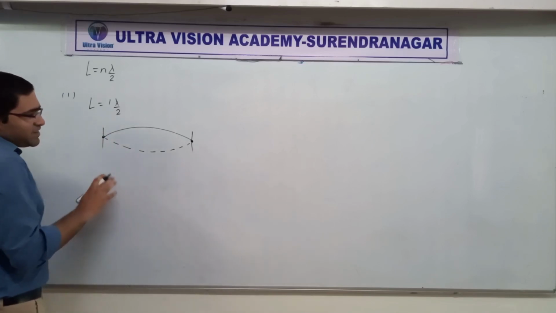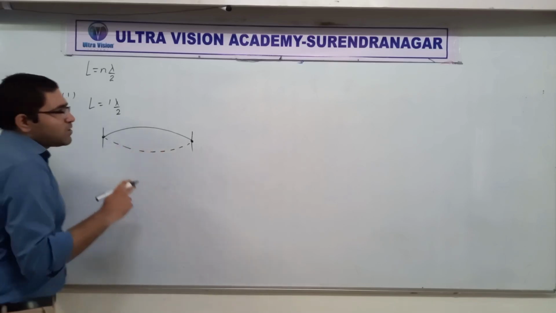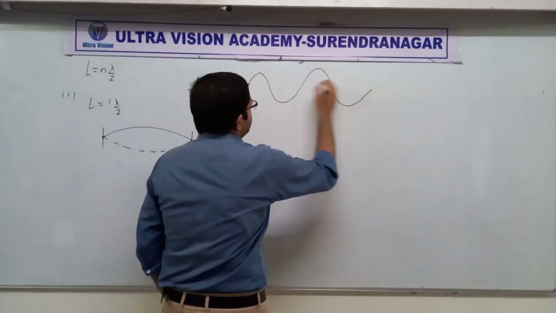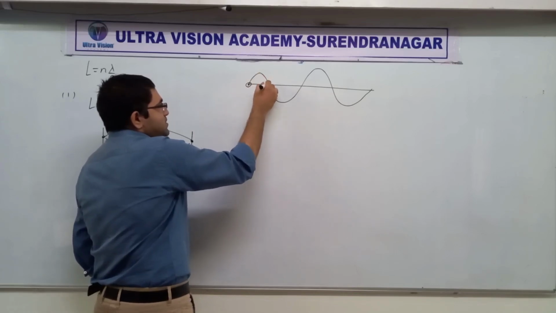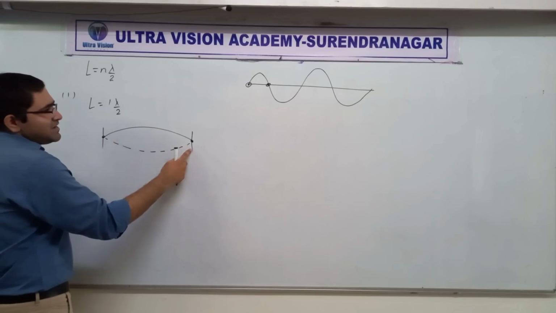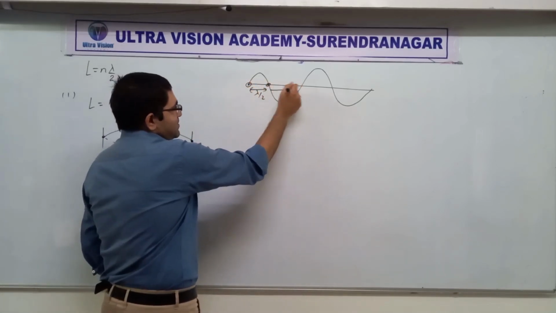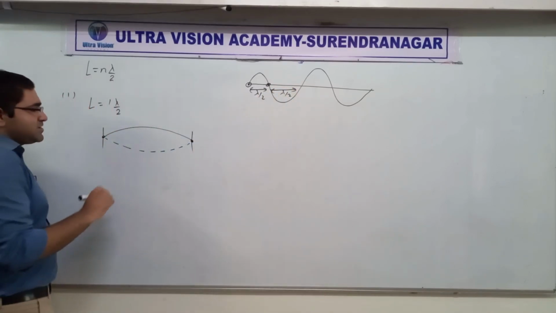I hope you understand that this is lambda by 2, because if you think of the standard pattern in which we draw a wave, from one mean position to another mean position, that distance will be lambda by 2. I hope you see that, everyone. So keep that in mind.